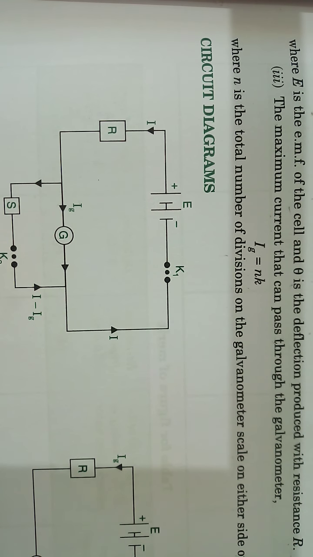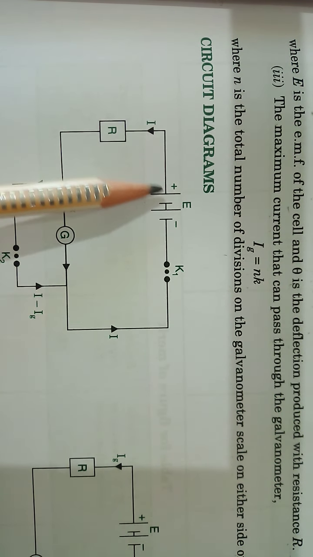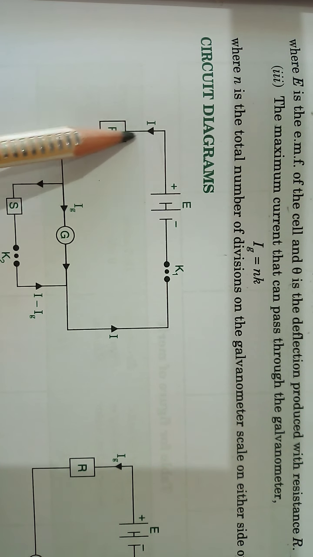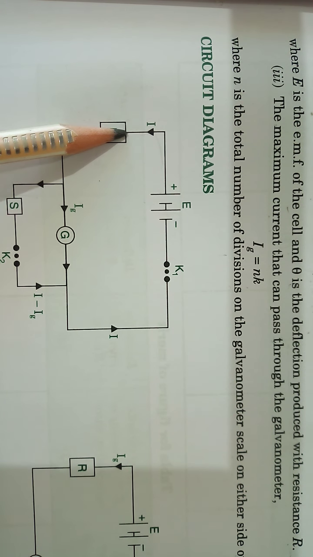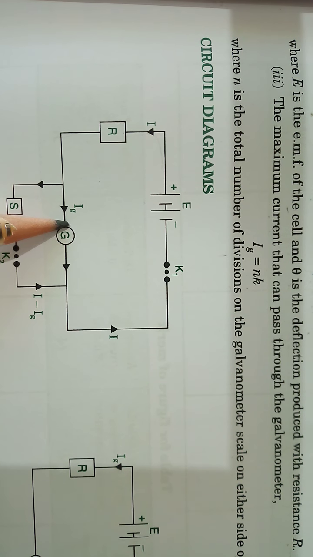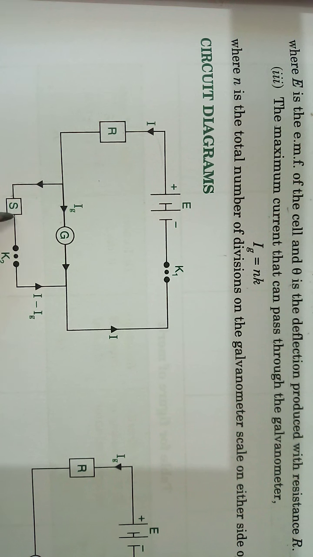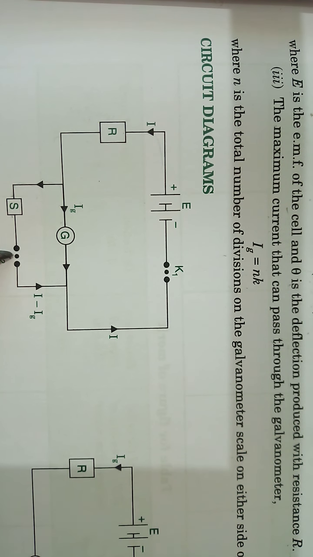So its diagram is very important. With the help of this diagram we can connect our different apparatus or components. Here the positive part of the battery is connected with the resistance box, and the second side of the resistance box is connected to the galvanometer. On the same side the galvanometer is connected to the shunt resistance, which is also a resistance box, and the second side of this resistance box is connected to the key, which is K2.